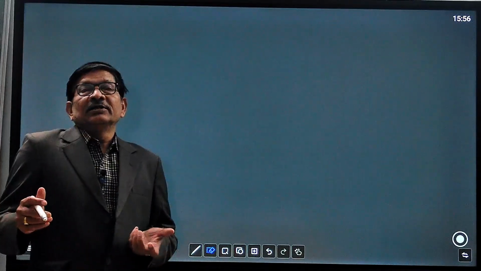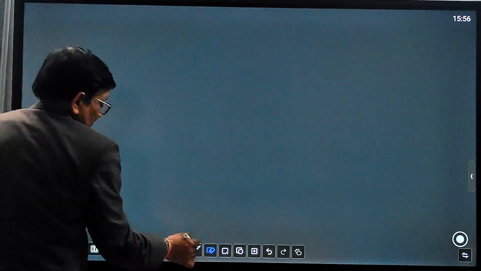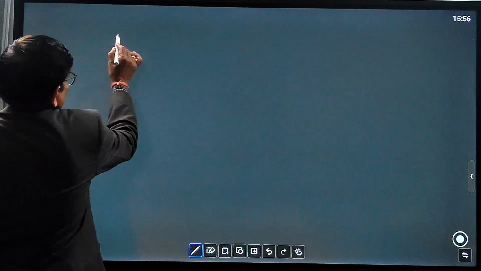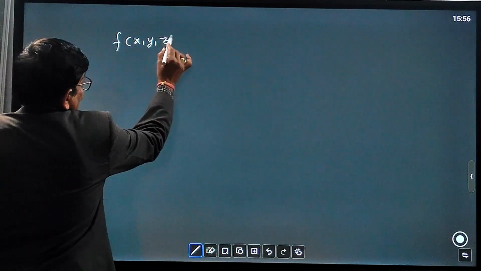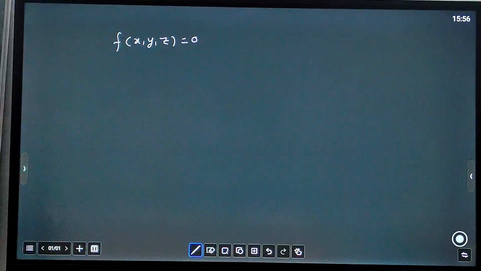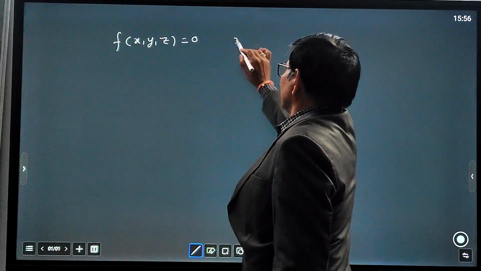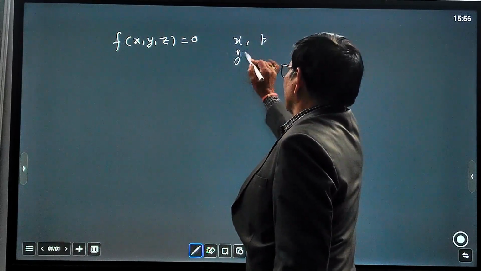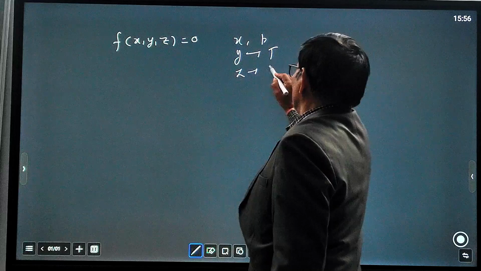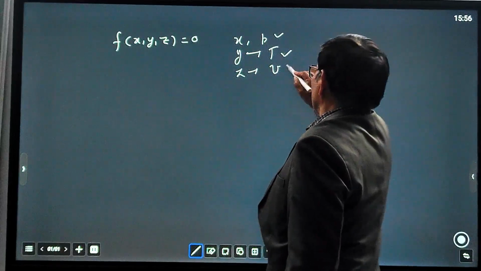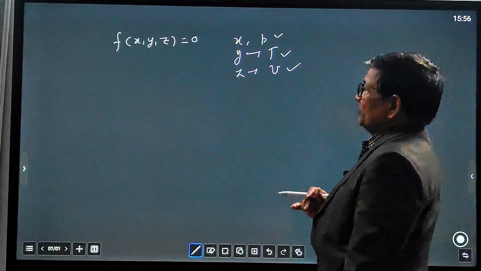Then we correlate these x, y, z. Suppose the function is f(x, y, z). x, y, z are properties, and we can take x equal to p, y as T, and z as v: pressure, temperature and volume.